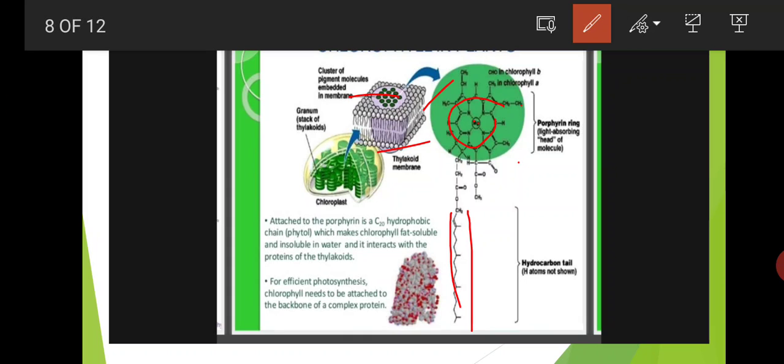This makes chlorophyll soluble in fat and insoluble in water, and it helps in interacting with proteins also. For efficient photosynthesis, chlorophyll needs to be attached to the backbone of a complex protein.